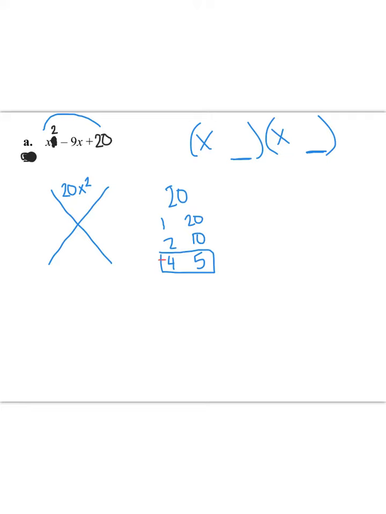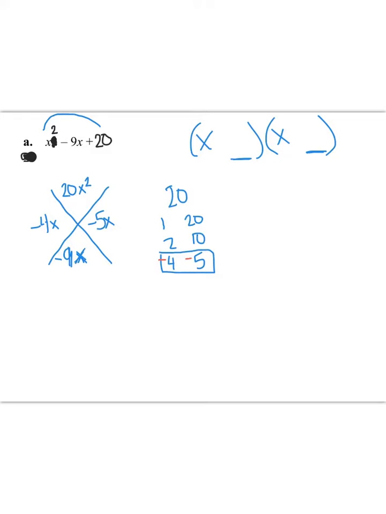Well, what about negative 4 and negative 5? If we multiply those, we get positive 20, and if we add them, we get negative 9. So that's good. I want negative 4 and negative 5. So I'm going to write negative 4x over here and negative 5x on the other side. What happens when I add those two? I get negative 9x, that goes in the bottom.